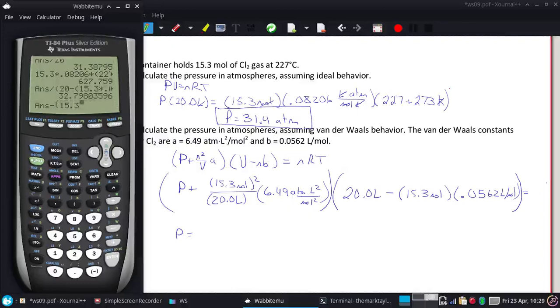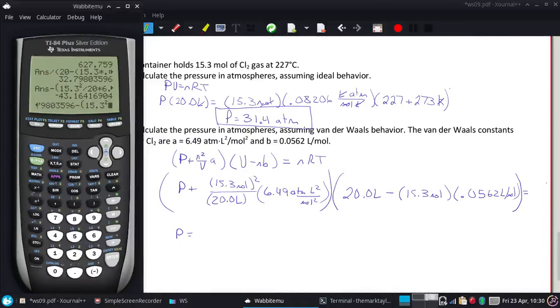So subtract 15.3 squared divided by 20 times 6.49. And we get, no, I've typed something in wrong. Oh, I didn't square the V. So I need to go back up here, get this value, and subtract 15.3 squared.